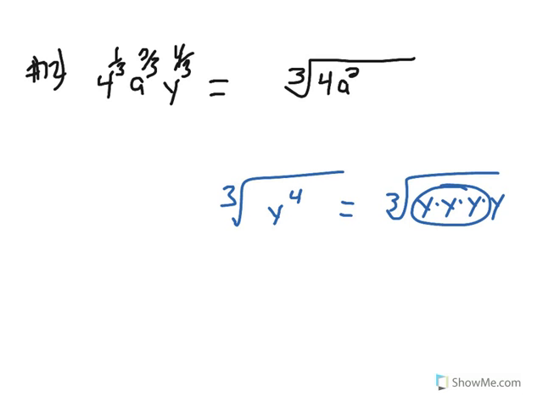Well, 3 y's together, if it's a cubed root, the cubed root says what times itself gives you that? Well, y times y times y gives us y cubed. It means you can pull a y out to the outside and leave 1 y on the inside. So this problem reduces to a y on the outside and a y on the inside. That's the cubed root of 4 times a squared times y, and that's all times the y that's out in the front.